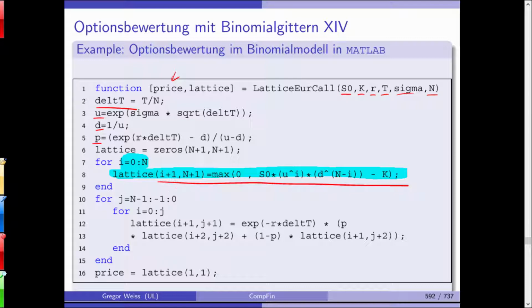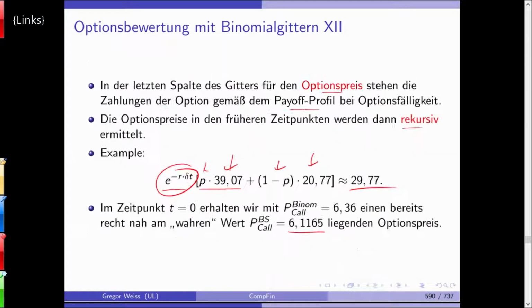You go back one column, so from n minus 1 to 0 in steps of minus 1. So you start with n minus 1, n minus 2, n minus 3 until 0. And then you go from bottom to top and you calculate all those prices you have here.